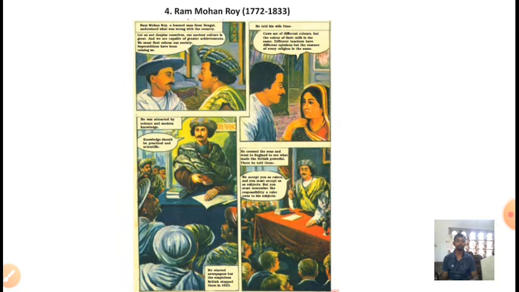And in the year 1823 he started a newspaper. Before 1823 he had started a newspaper, but it was stopped by the British people because all the information was given to India through this newspaper to make the people of India aware of what they are doing.